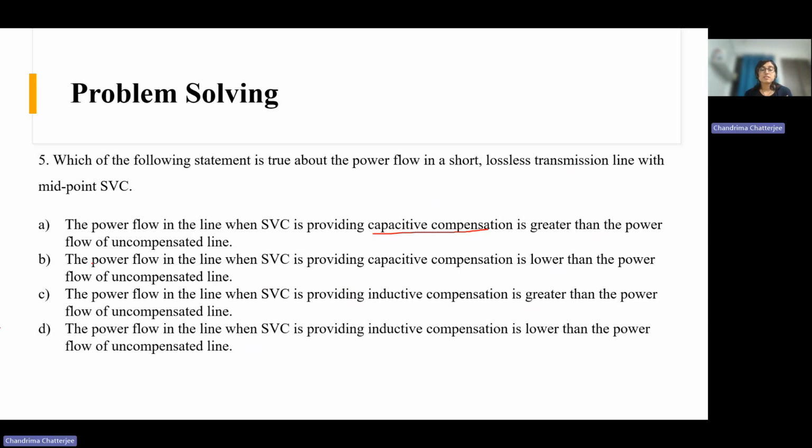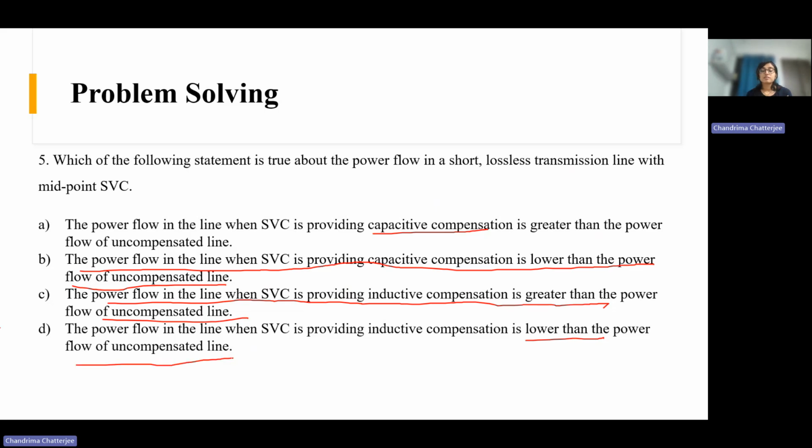The second option says it is lower than the power flow of uncompensated line. The third option says the power flow when SVC is providing inductive compensation is greater than the power flow of uncompensated line. And the last option says it is lower than the power flow of uncompensated line.